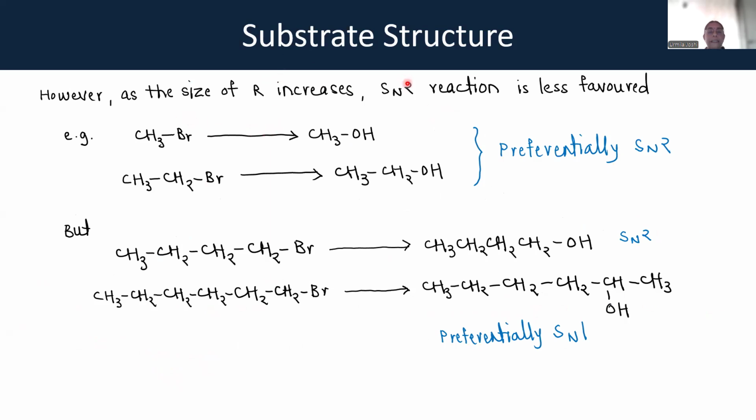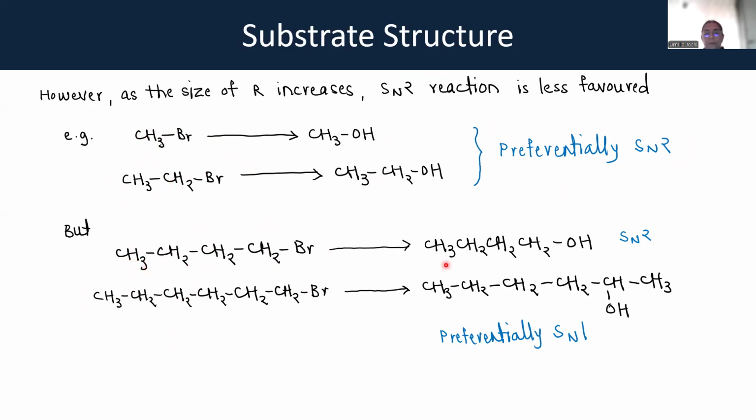Now consider the SN2 reaction. We said that primary alkyl halides undergo preferentially SN2 reaction, but as the size of the group R increases, have a look over here. This is 2 carbon, this is 4 carbon, and this is 6 carbon chain. So the 1 carbon and the 2 carbon containing compound preferentially undergo SN2.